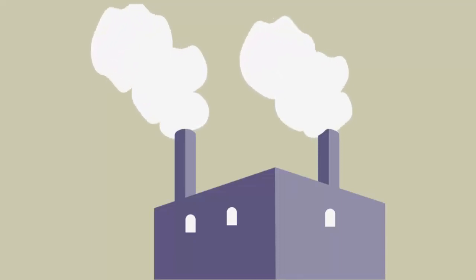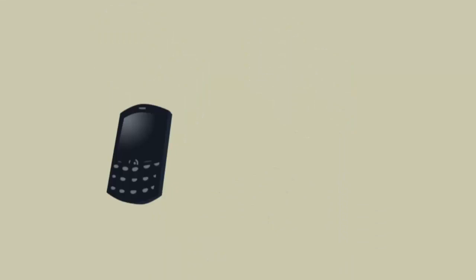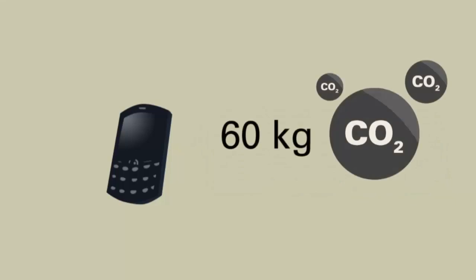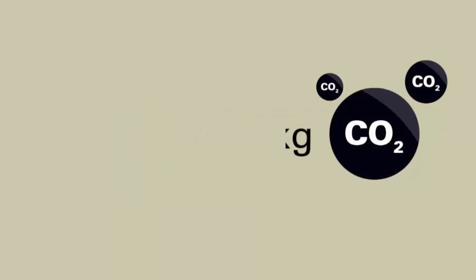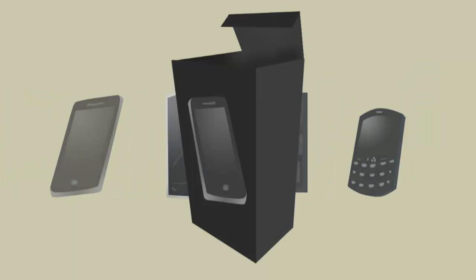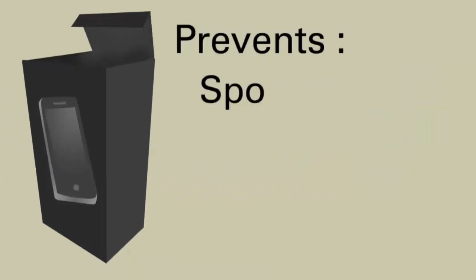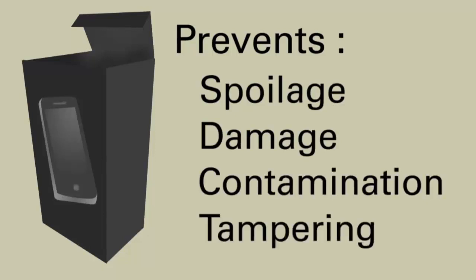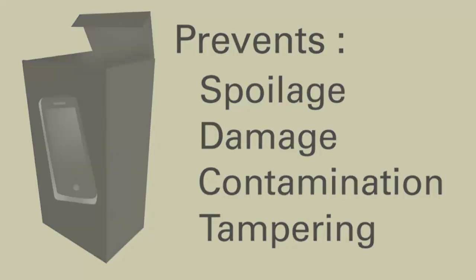It is estimated that during manufacture, a single cell phone uses approximately 1,390 millijoule of energy and produces 60 kilojoule of carbon dioxide emissions. Many products require the use of packaging as well, to prevent spoilage, damage, contamination, and tampering. By considering the materials these phones are made of, or reducing the number used in their manufacture, this can lower some of the energy requirements.